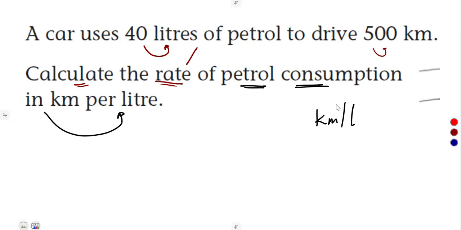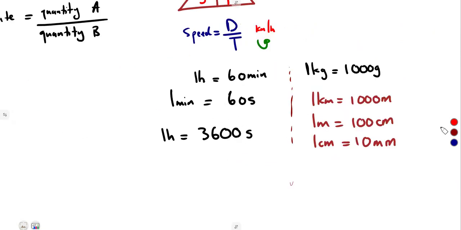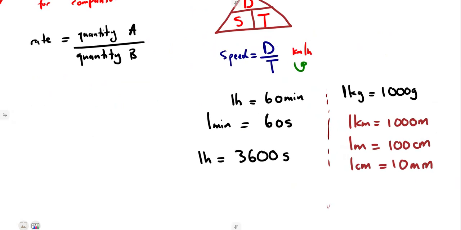How do we answer this one? Knowing that it's kilometers per liter, you already have the rate. Because rate means what? Quantity A to quantity B.